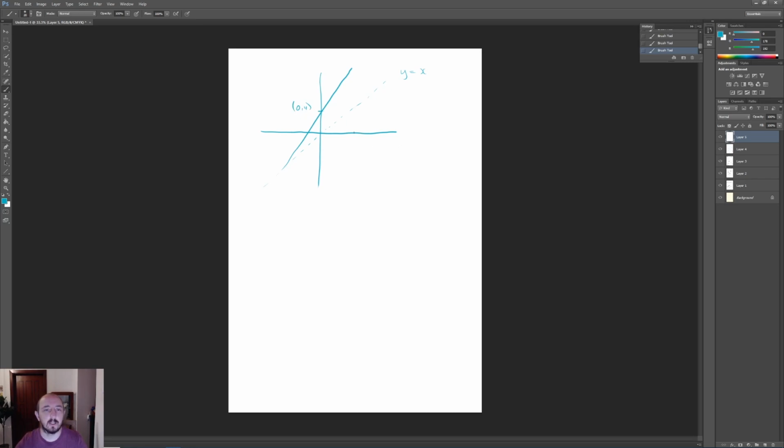So that would become 4, 0. That point there would become that point there. And this point here might be minus 1, 0. Then that would become 0, minus 1 down here. And you can see that as I draw this line, it's a reflection in the line y equals x, because all of the x coordinates become the y coordinates of the other one and vice versa. So that's why we replace the y and the x and then solve it.